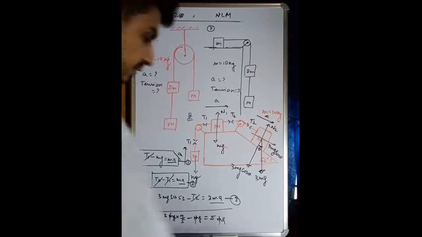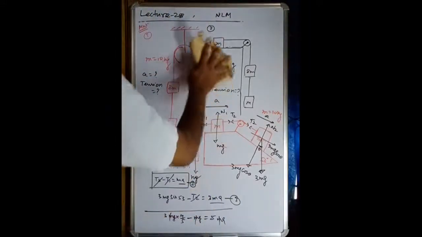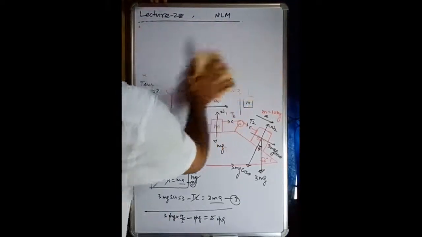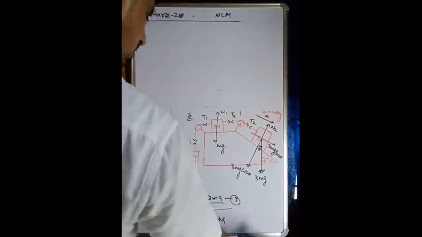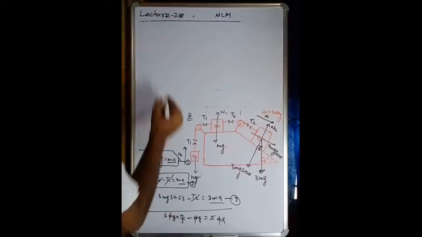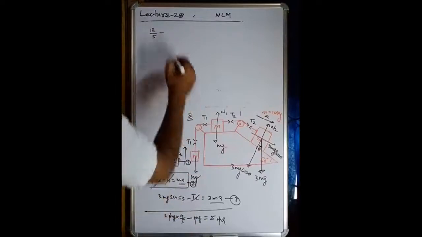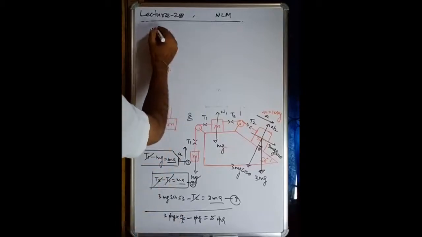Let me solve over here. This was the homework. Let me solve. Here the 12 by 5 minus, it is 10. It is 10 till 12, no, it is 120 I think.